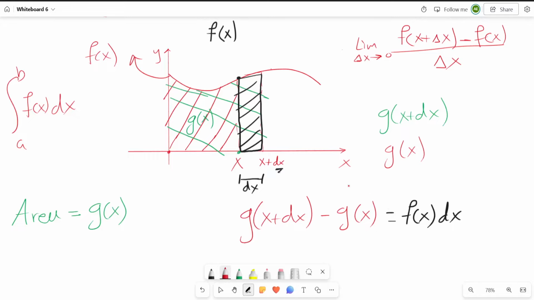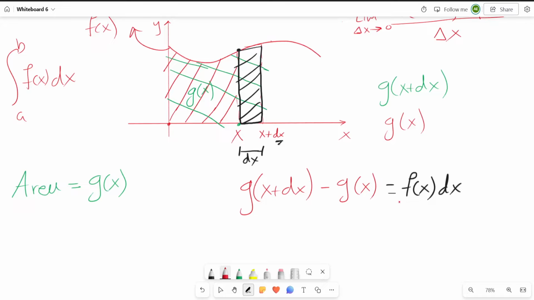And when I do a little bit of manipulation, I will divide both sides by dx. So the dx here is going to cancel. So I'm just going to have this over here. And we said we will throw in the limit as dx approaches 0. So what do we find over here?